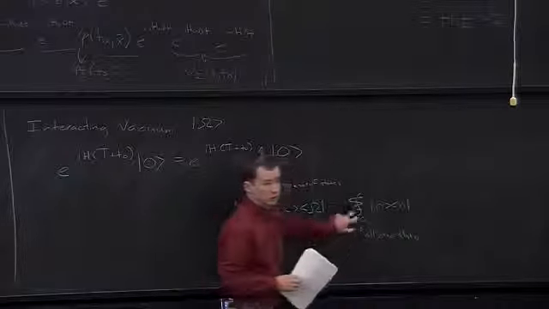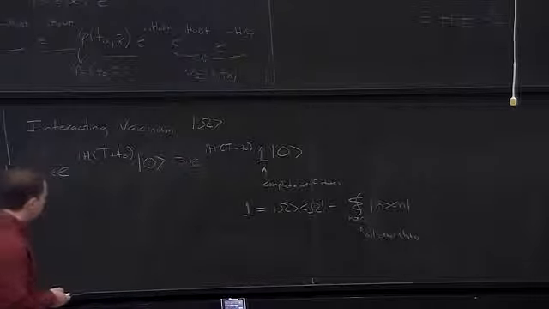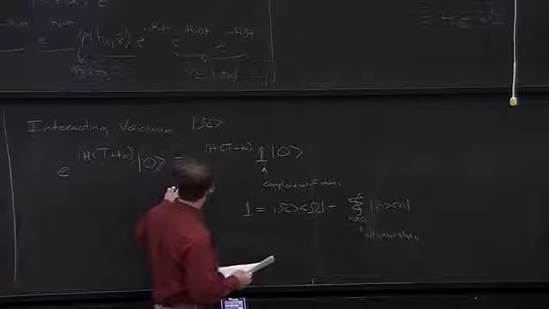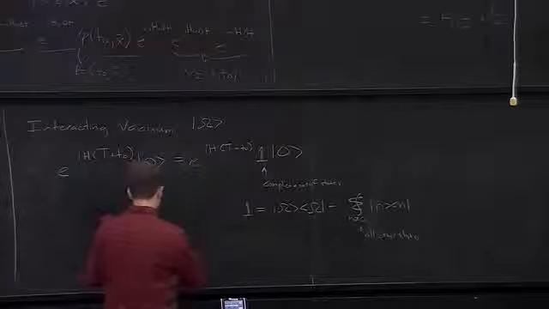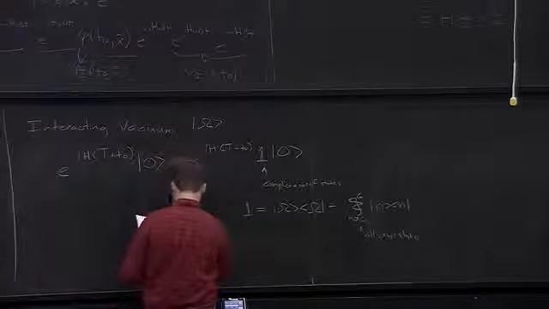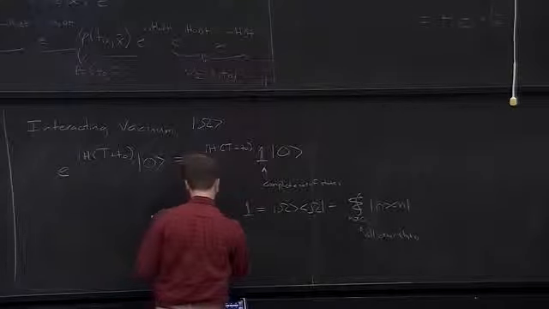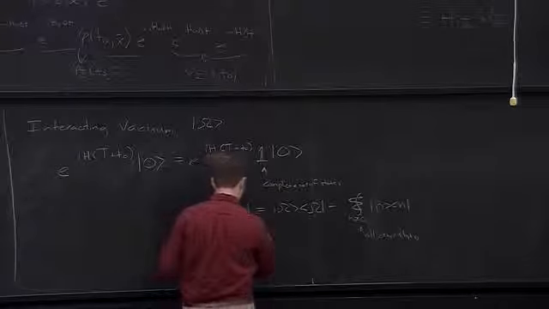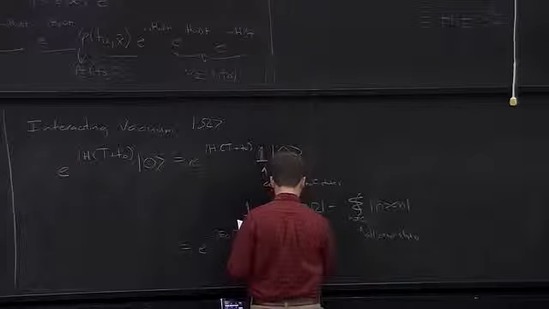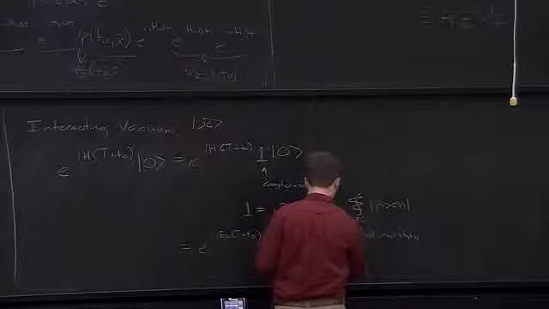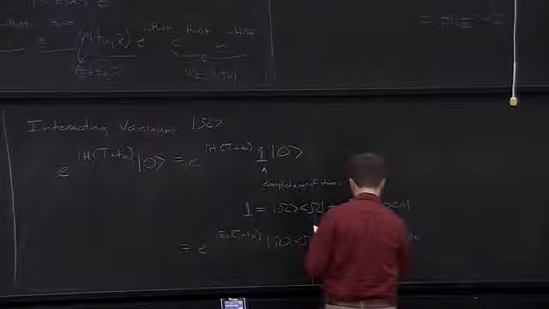So again, there are some discrete and continuous parameters that characterize the other states. And okay, so if we do this, what we get is the following expression that involves the interacting vacuum that we're interested in, and also has a whole bunch of terms that we don't particularly care too much about.